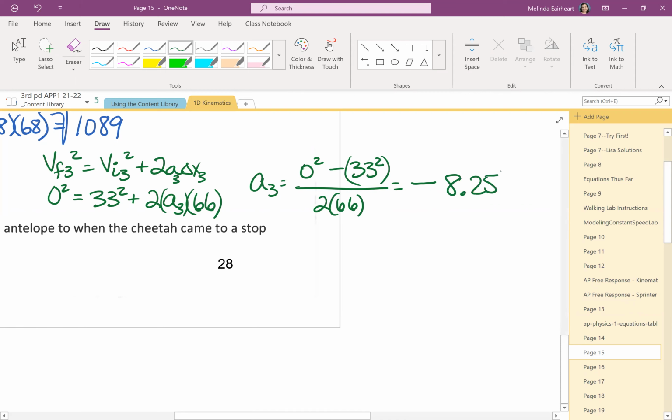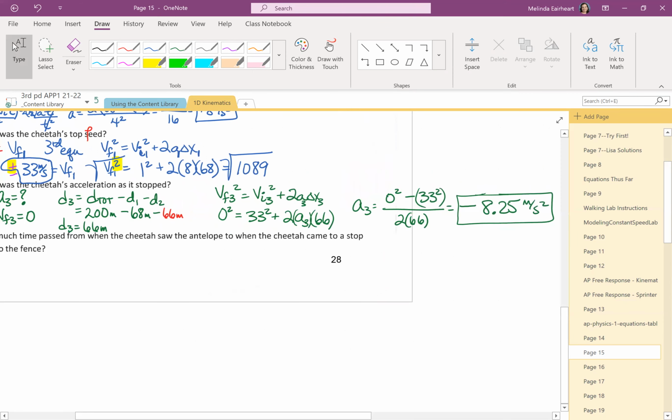That sounds familiar. And then meters per second squared. Notice I didn't use my units in the calculation. So if you don't do that to see what cancels and what you end up with, make sure you know what it should come out. As long as everything's SI unit, you should come out SI unit. And so negative 8.25 meters per second squared.